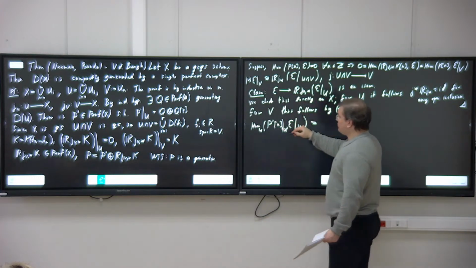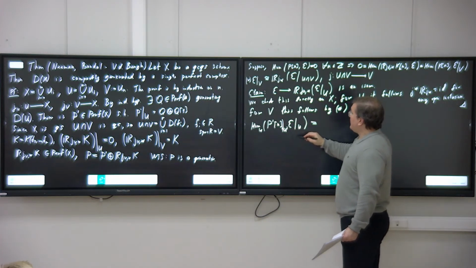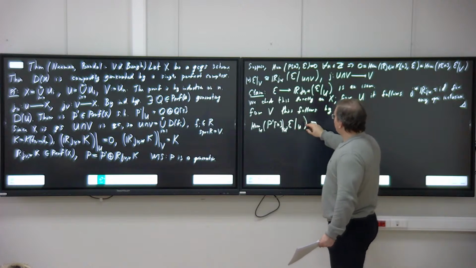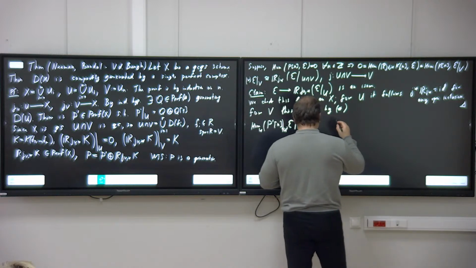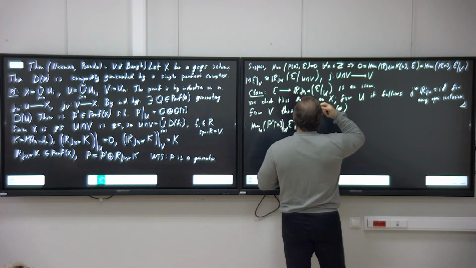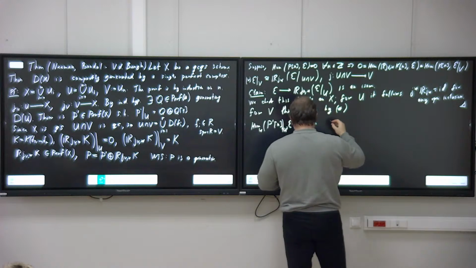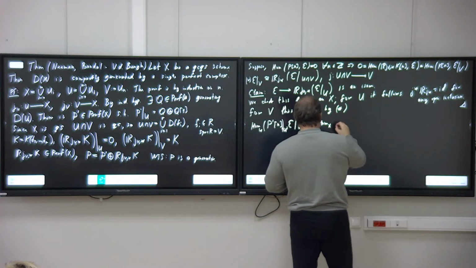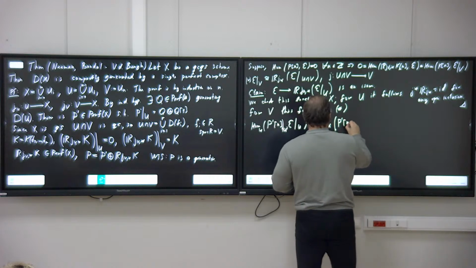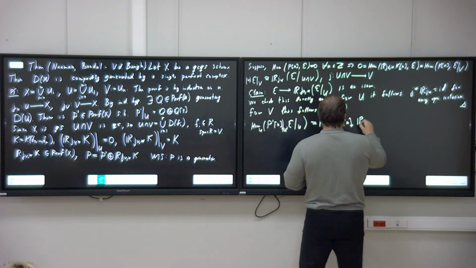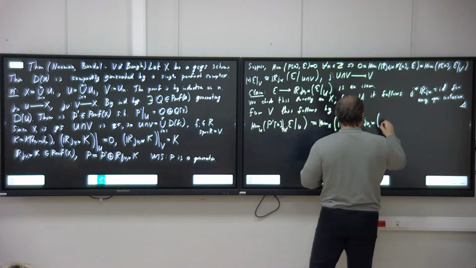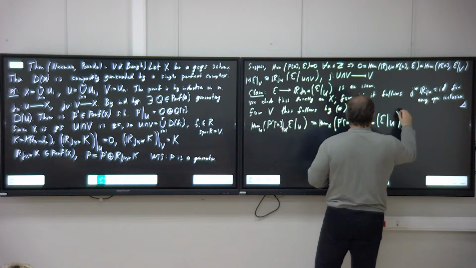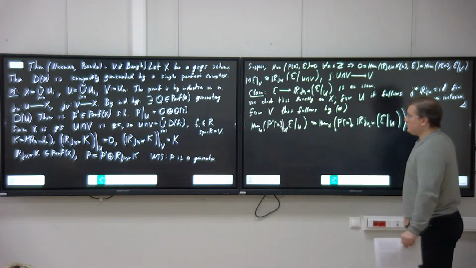So this restriction on the first argument, I can move to the second argument using R j_U lower star. So this will be the Hom in the derived category of X from P prime shifted by n to R j_U lower star E restricted to U. That's just by the adjunction.